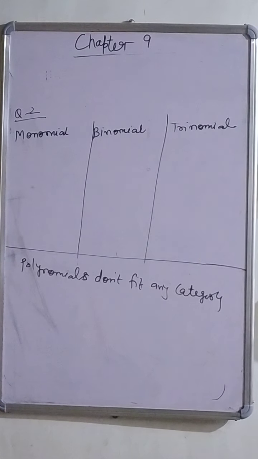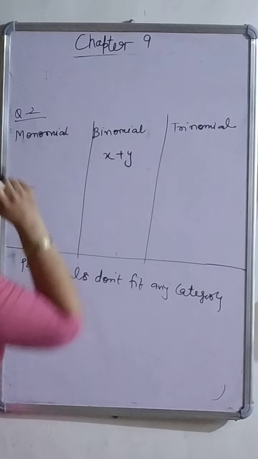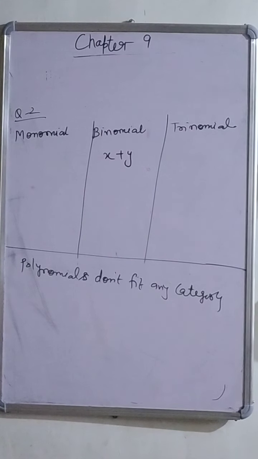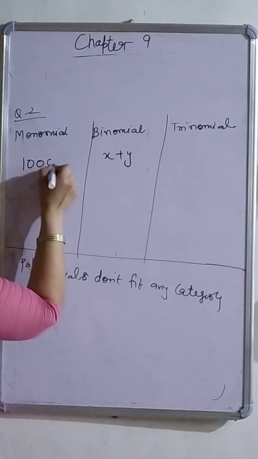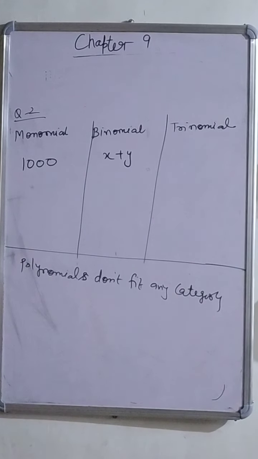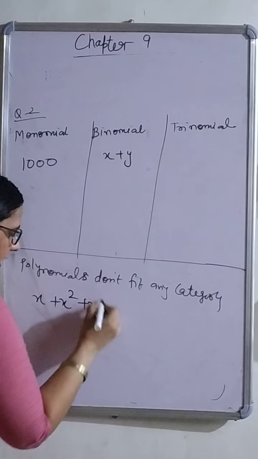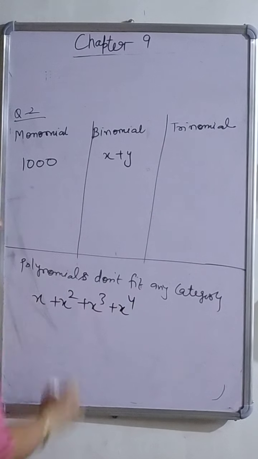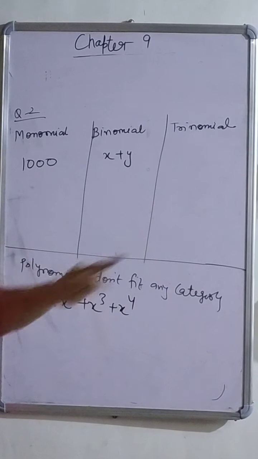So first is given x plus y. x plus y, there are 2 terms, so it will be a binomial. Next is 1000. 1000 is only a single term, so it is a monomial. Next is given x plus x square plus x cube plus x4. There are 4 terms, so this polynomial doesn't belong to any of these 3 categories.